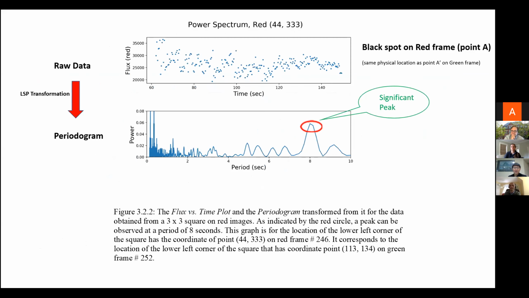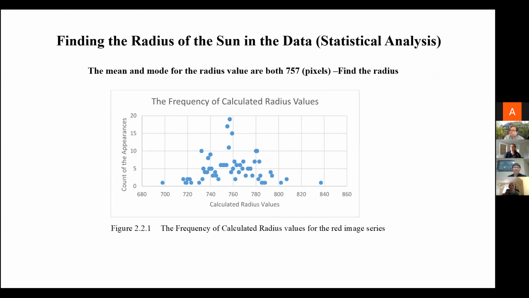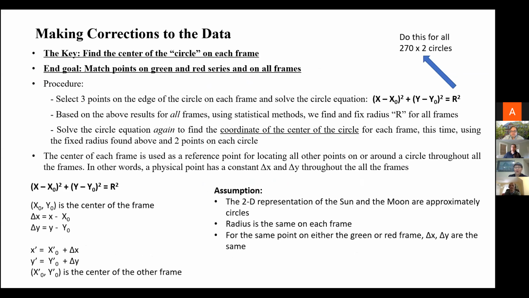Yeah, so that actually was the most interesting part, or the part that took the most creativity to solve here. Basically, the key is to find the center of each frame, and then we have to match all the green and red series for all the frames. So there are 2 problems that we have to solve simultaneously. We do have a circle here, and then the center of the frame.